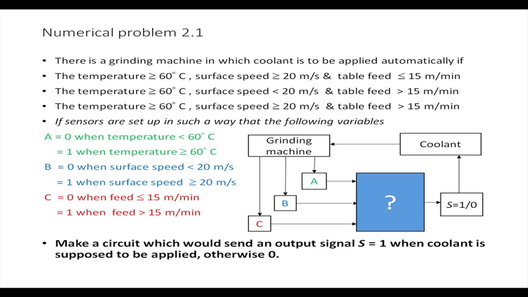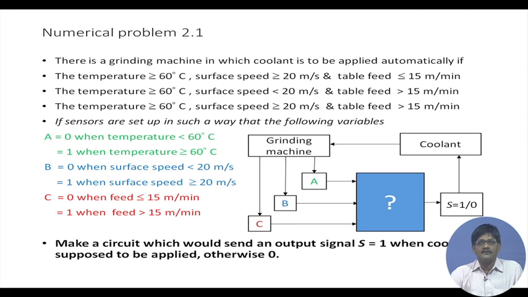Suppose we have sensors which develop signals where A is equal to 0 when temperature is less than 60 degrees and 1 otherwise, B is equal to 0 when the surface speed is less than 20 meters per second and 1 otherwise, and C is 0 when the feed is greater than 15 meters per minute and 1 when it is less or equal to 15 meters per minute.